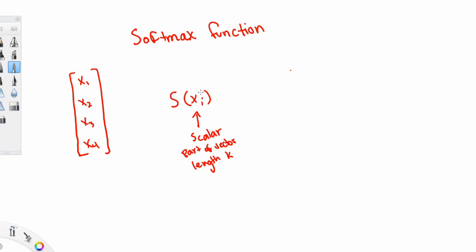So S of xi is going to be equal to e, that's Euler's number, raised to the power of our input, over the sum of all the values. We'll call this k.